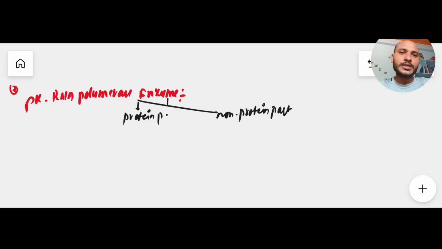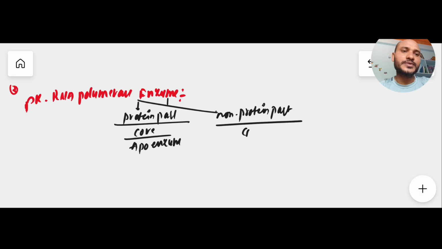The protein part is the core part, also called the apoenzyme part. The non-protein part is called the cofactor.